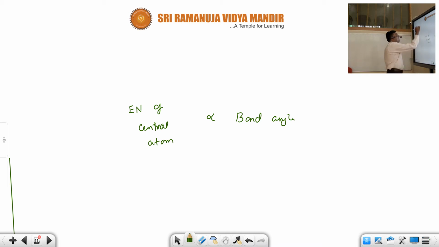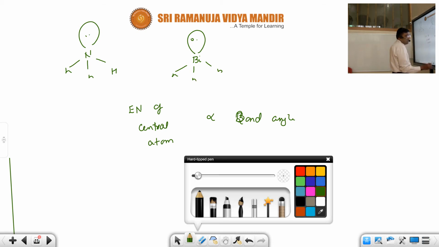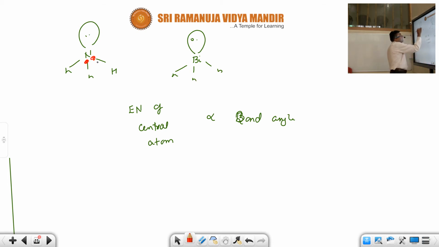If you take ammonia and the last one, bismuthine, let us take Bi, H, and H. Here, electron density is concentrated over the hydrogens, because hydrogen is slightly more electronegative than bismuth. So here bond pair repulsions decrease. I hope you understood. That is the reason why, because of these repulsions, this bond angle will be less.